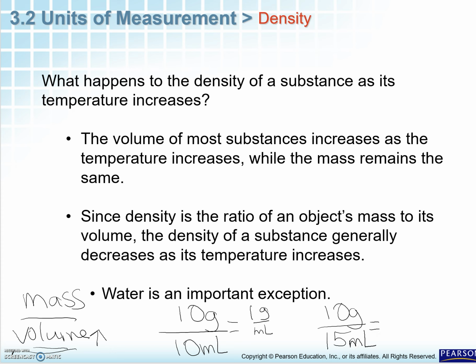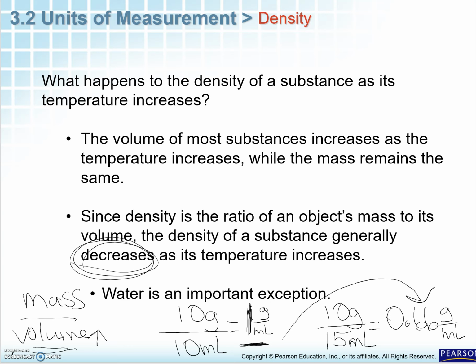This is going to change our density to 0.66 grams per milliliter. That has caused the density to go from 1 gram per milliliter and decrease to 0.66 grams per milliliter. So, therefore, the density of a substance generally decreases as the temperature increases.